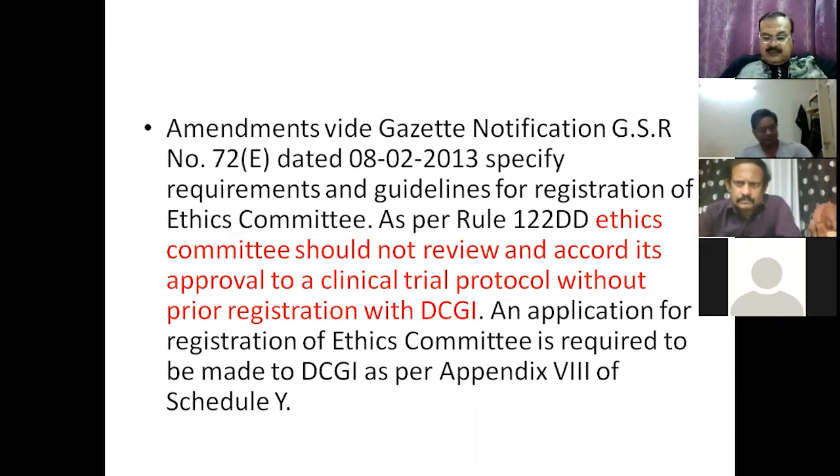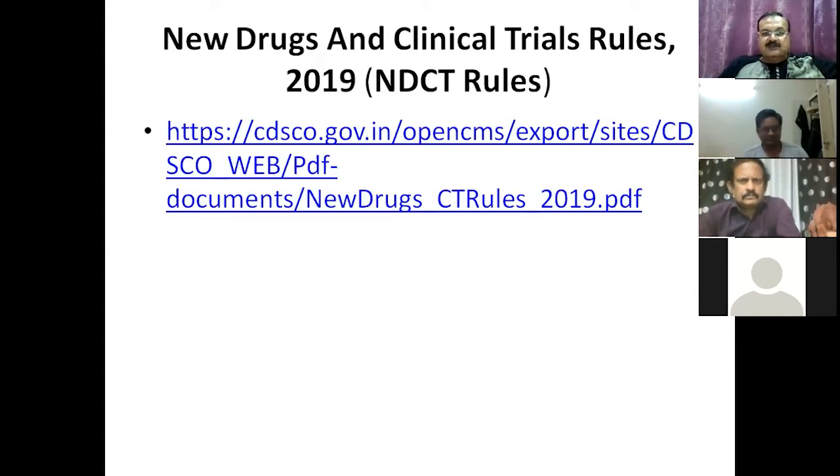When you get an ethical committee approval, you have to ensure that the ethical committee of your institution is registered with DCGI. If it is not, they cannot accord approval to the study. The New Drugs and Clinical Trials Rules 2019 PDF is available.